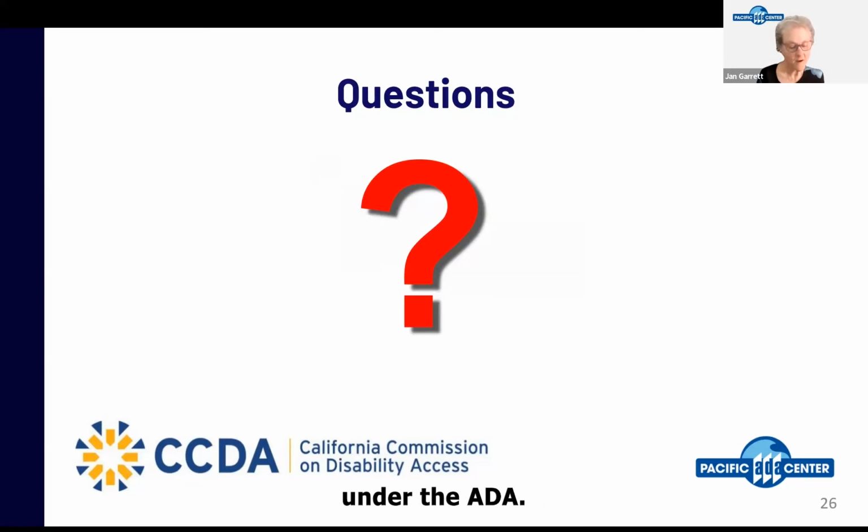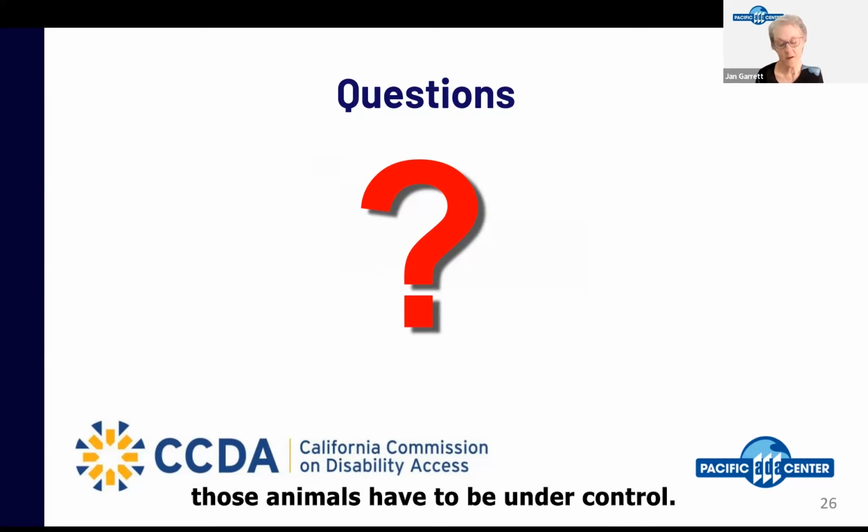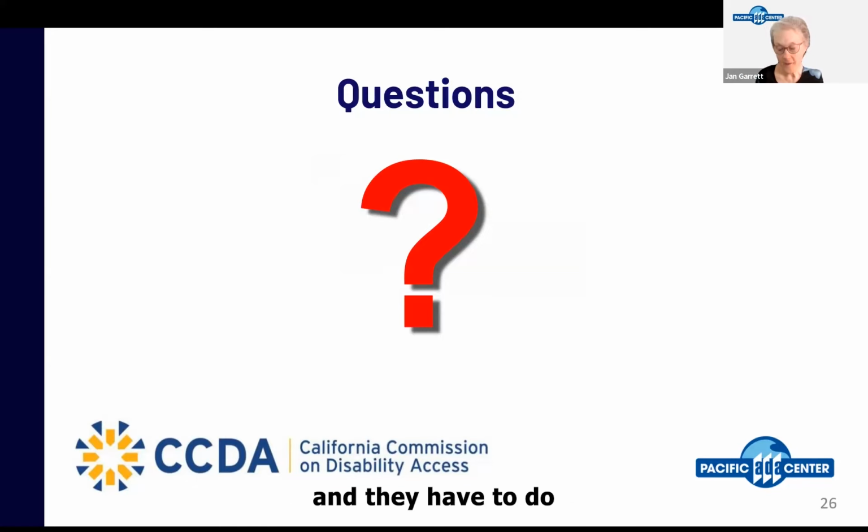I don't know if that's what your question was, which animals are allowed. And again, those animals have to be under control. They have to be on a leash or tether or strict voice control, and they have to do one or more tasks to be able to be considered a service animal.